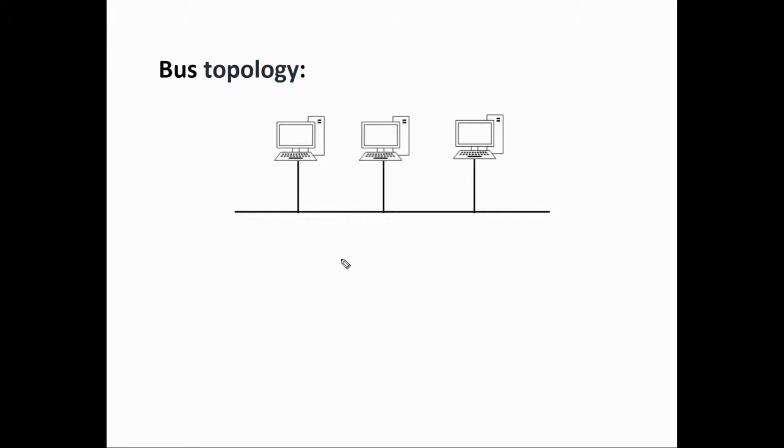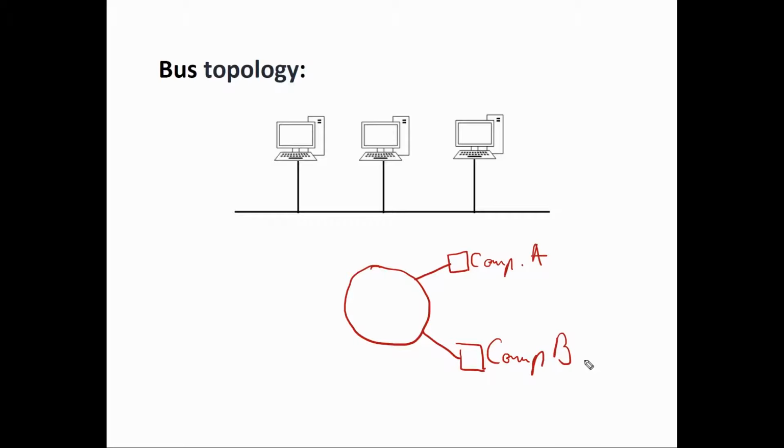Let's take, for example, the Metro Ethernet technology provided by some ISPs to their customers, where they have a loop of fiber optic cable like this. In this loop, they have different customers, for example, this one is company A, over here we have company B, company C, for example.